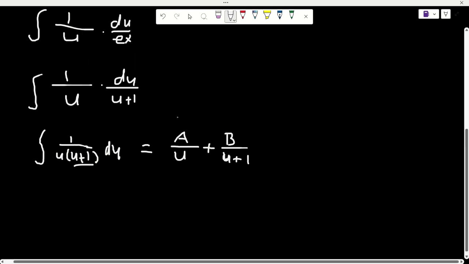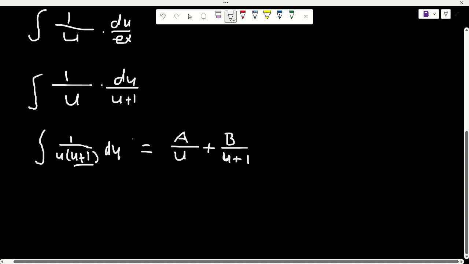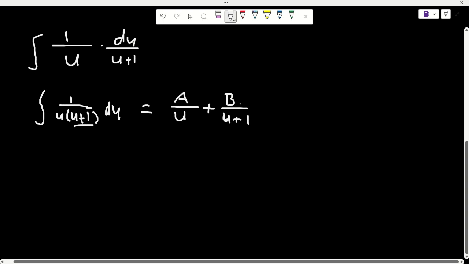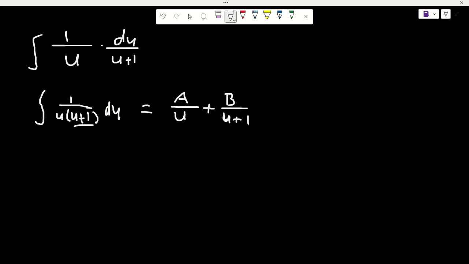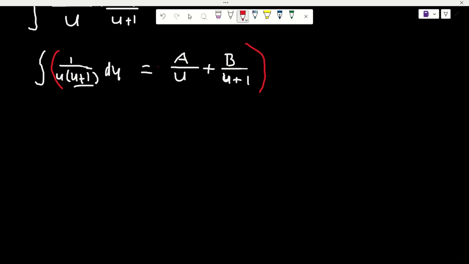Now, in partial fraction decomposition, the goal is to get the values of a and b, because we don't know the values of a and b here. So let us say 1 over u times (u plus 1) is equal to a over u plus b over u plus 1.